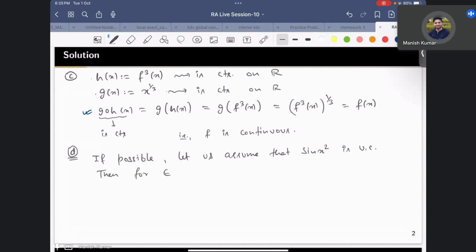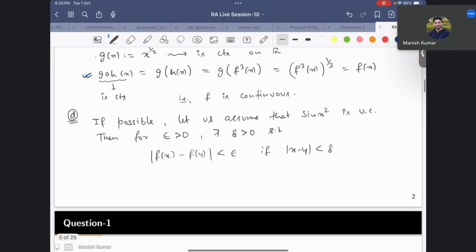Then for epsilon, we'll see what epsilon we can choose. So let's start with epsilon greater than 0. There exists delta greater than 0 such that mod of f of x minus f of y is less than epsilon if mod of x minus y is less than delta.